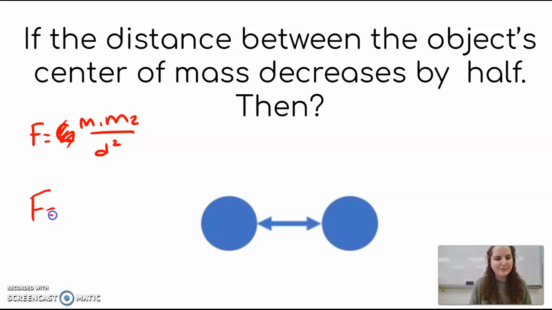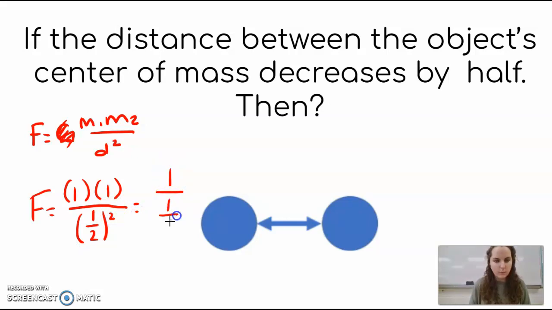All right, so we have force. Our masses are staying the same, so I'm just going to put in 1 for our masses. And our distance is decreasing by half. So if I have a half here, and I square this half, I'm going to end up with 1 over 1/4, or 1 over 0.25.